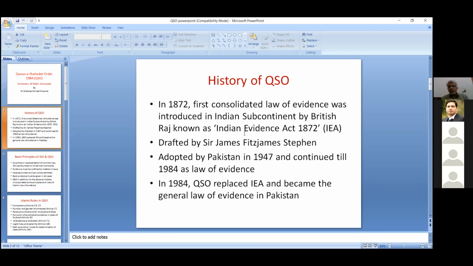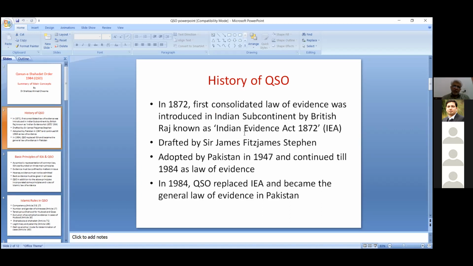When the British Raj drafted and introduced the law of evidence, there was no comparable legislation in the United Kingdom, and the law was first enacted by the British and introduced in the Indian subcontinent.